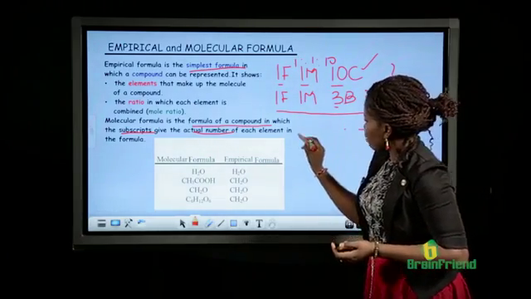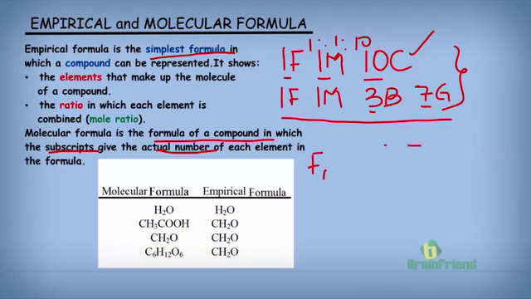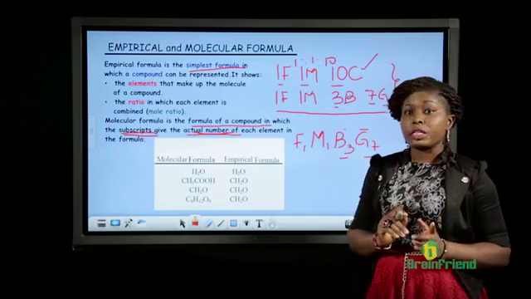So we can have it written in this way: father, mother, boys 3, girls 7. That's why we say that the molecular formula is the formula of a compound in which the subscripts, here we can see the subscripts, give us the actual number of each element in the formula.